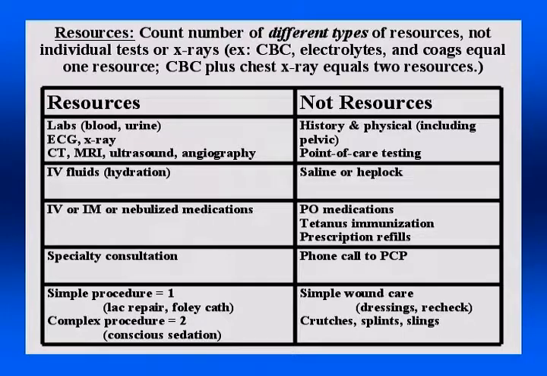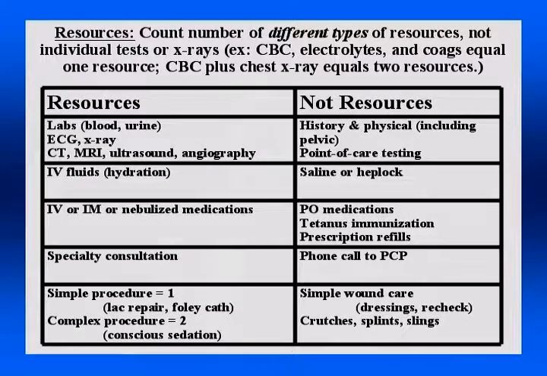So these are not resources. Their history and physical exam should be appropriate for their chief complaint. So if they have an eye complaint, they will have a slit lamp exam, not a resource. If the patient is female and presents with low abdominal pain, she will have a pelvic exam, not a resource, but part of the history and physical for that chief complaint.